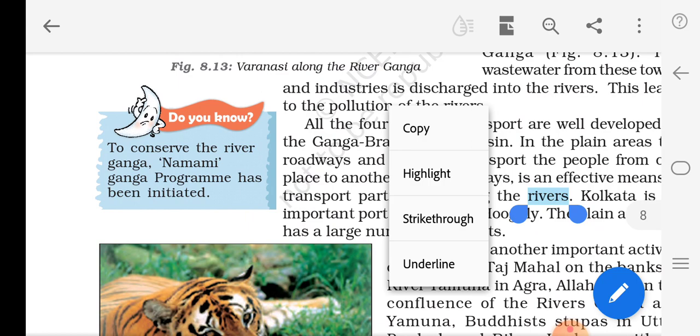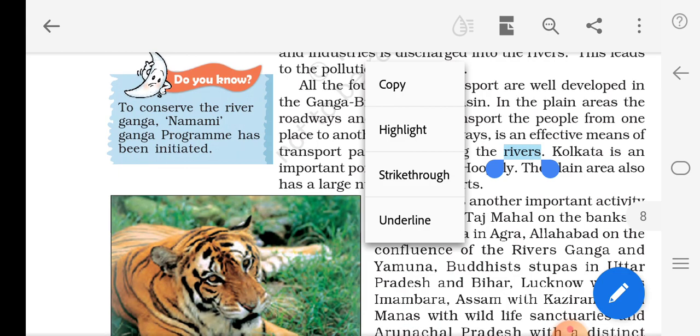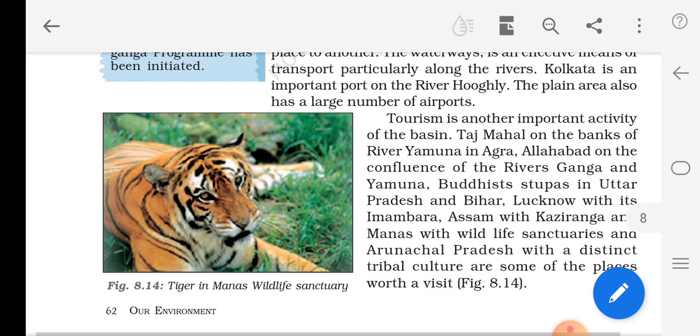To conserve the Ganga river, they started a program called the Namami Gange program. By whom was it started? Mr. Narendra Modi.